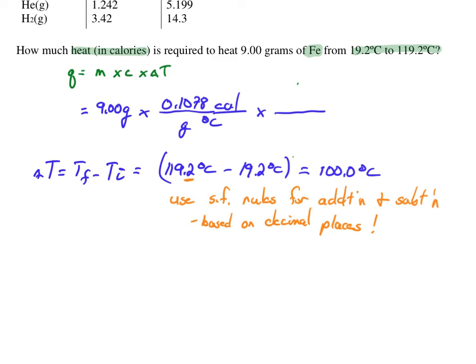So here we are good to the tenths. Here we're good to the tenths. So our result should be expressed including the tenths decimal place. And that means this value for delta T is going to have 4 sig figs associated with it.